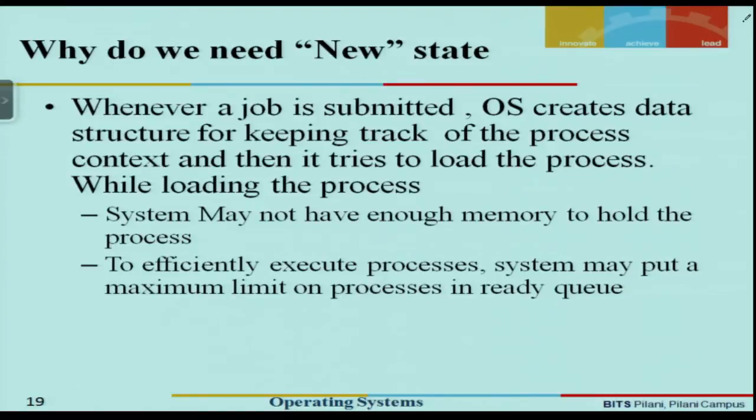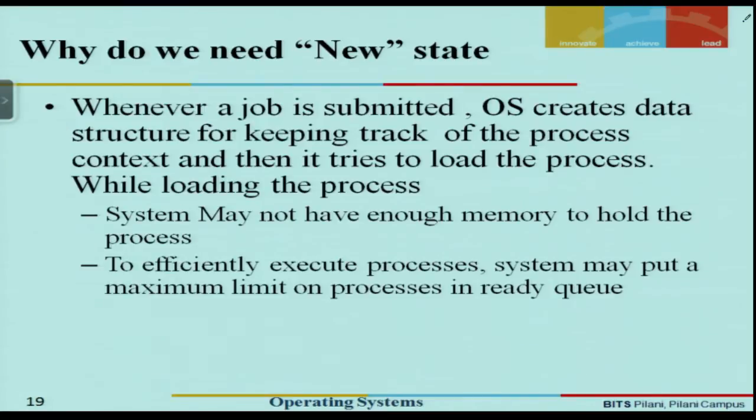Rather than handling things in this manner, it was thought that let us create a state where we have a basic data structure where the process information gets stored, and once the memory becomes available, the entire process will get loaded into the memory. So that is the reason a new state was created as an additional state.